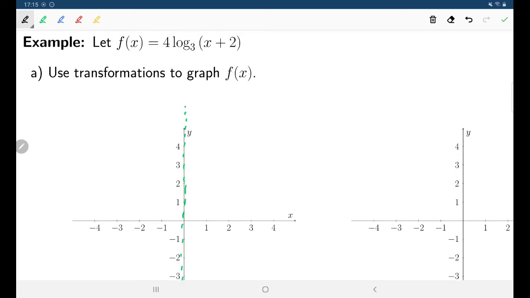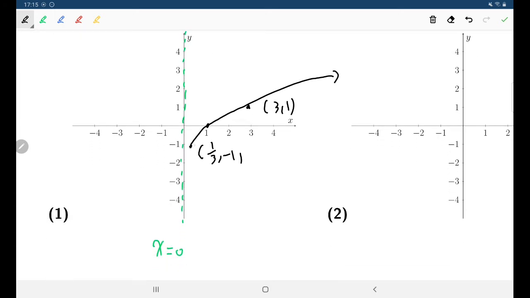In this case, the base is 3. So (3, 1), (1, 0), and (1 over the base, -1), or in this case, (1/3, -1). And there we go. That's log base 3 of x.